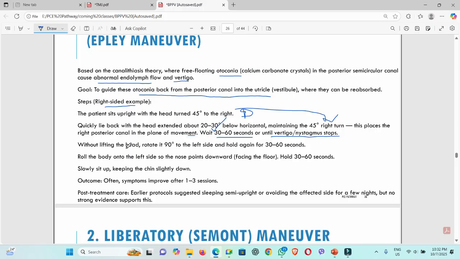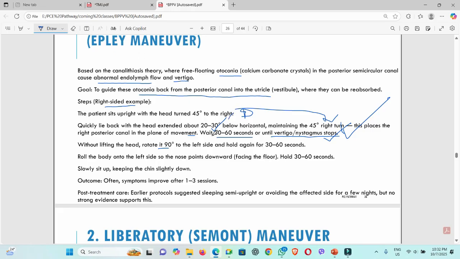Now without lifting the head, rotate it to 90 degree. Till here is Dix-Hallpike. That is the test. We come to know that there is something in the posterior canal on the right side. Right.